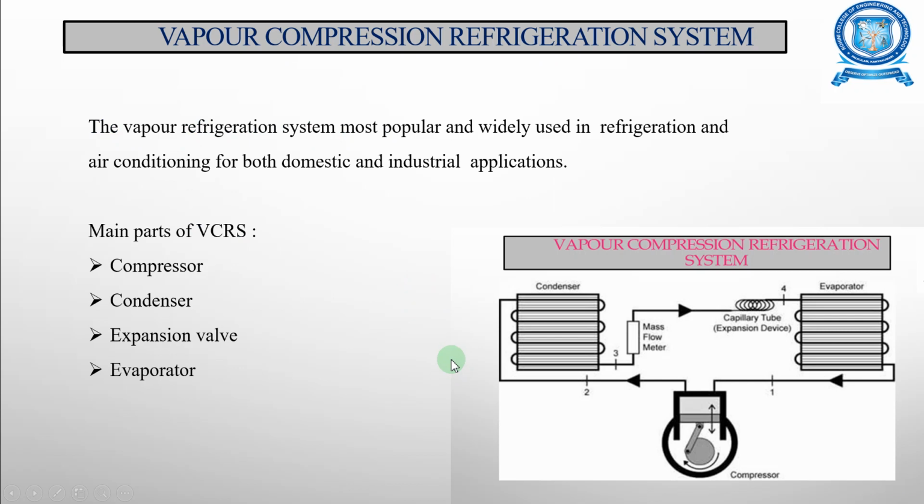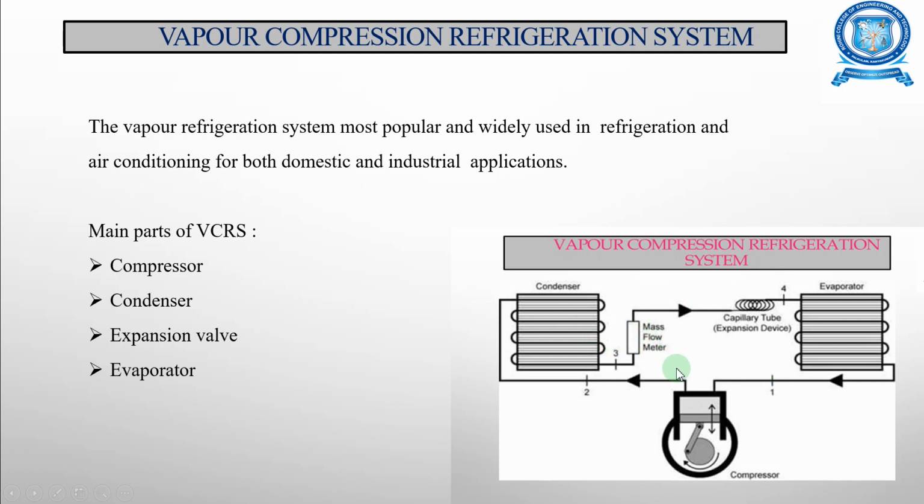Vapor compression refrigeration system is the most popular and it's used in refrigeration and air conditioning for both domestic as well as industrial applications. Here you can see the schematic diagram of this vapor compression refrigeration system in this slide. And you have the main parts.